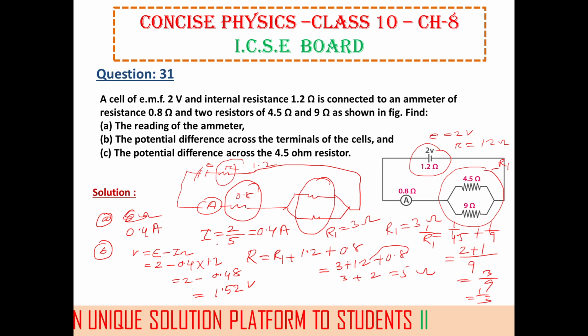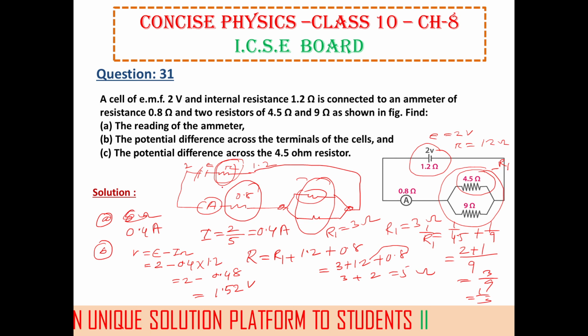Now the potential difference across the 4.5 ohm resistor. So this is the 4.5 ohm resistor. We have to find out the potential difference across this. Now here you see, the potential difference across this means potential difference across this point. If I consider the total voltage e.m.f. was 2, so loss happens in the internal resistance, it is 0.48.